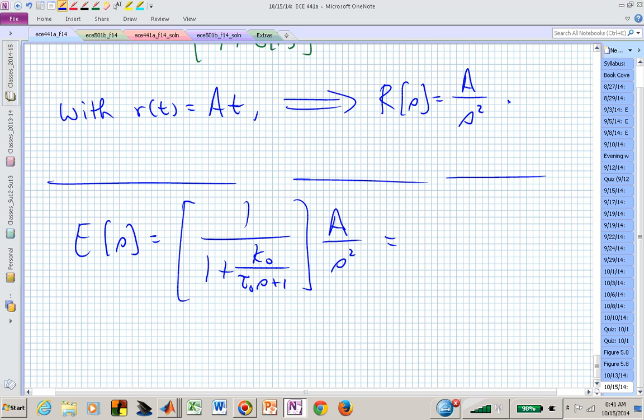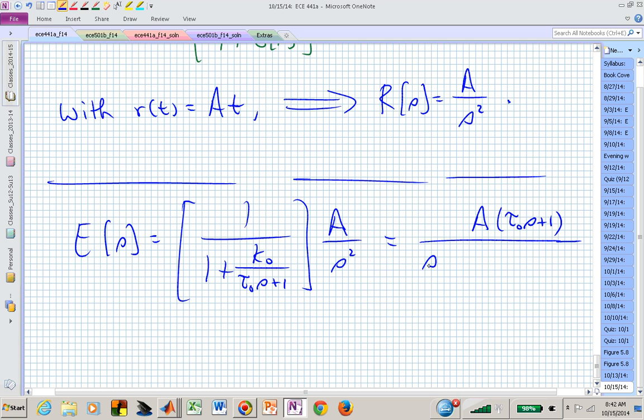What do we have? We can now push that A onto the numerator. We also are going to have that factor in the denominator of our denominator, which we're going to move upstairs.